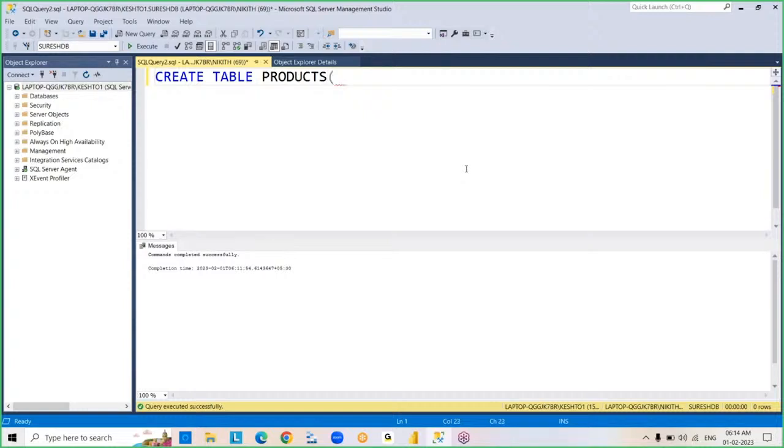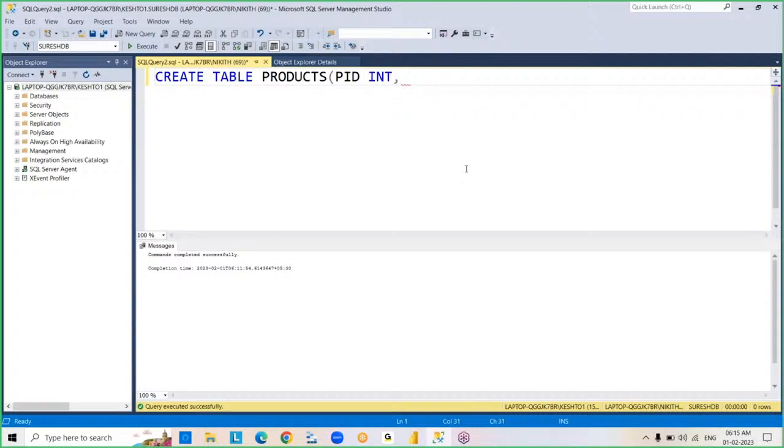So start bracket. Inside the bracket, we have to define columns because a table contains columns, right? Suppose ProductID integer, comma.